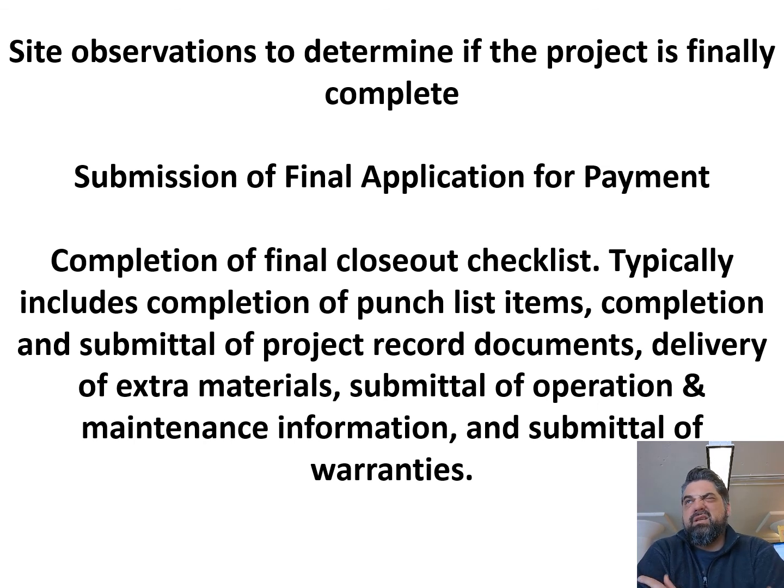Those extra materials are usually related to finishes, stuff like carpet, paint, ceiling tiles. The owner will want that exact color match, or those exact ceiling tiles, in case they need to replace something. Then submission of the O&M manuals like we talked about, and all of the final warranties and all that kind of stuff.